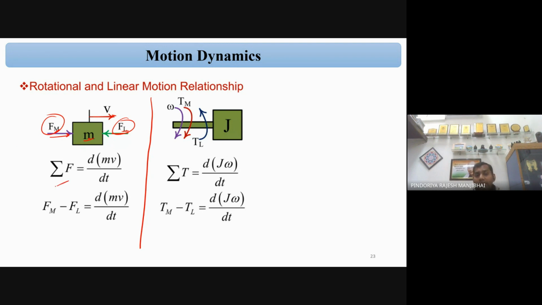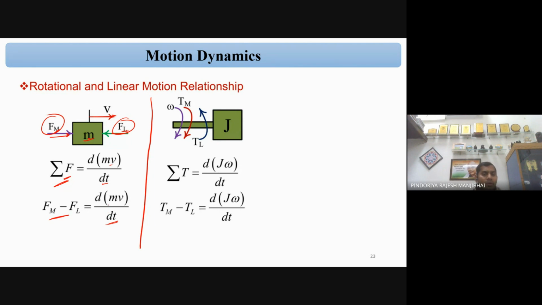So the summation of force is d(mv) divided by dt. With respect to time, mass and velocity may change, correct? So finally, the summation of force, Fm minus Fl, is equal to d(mv) upon dt, where dt indicates the time variation, correct?